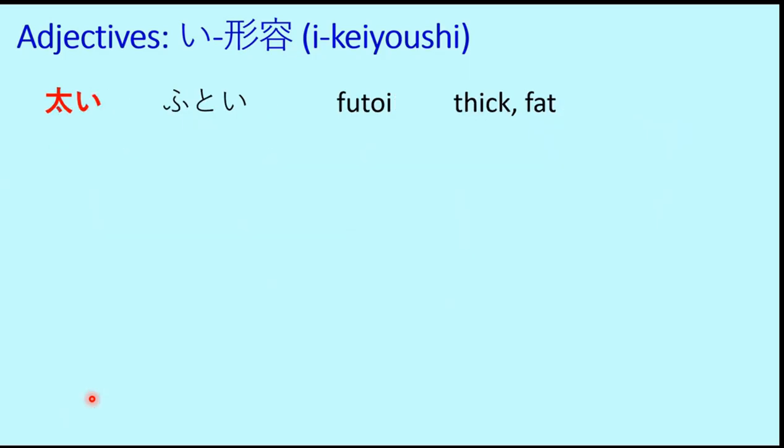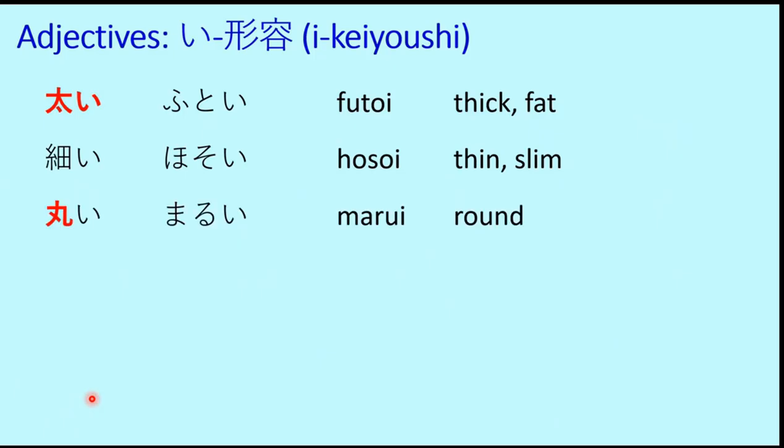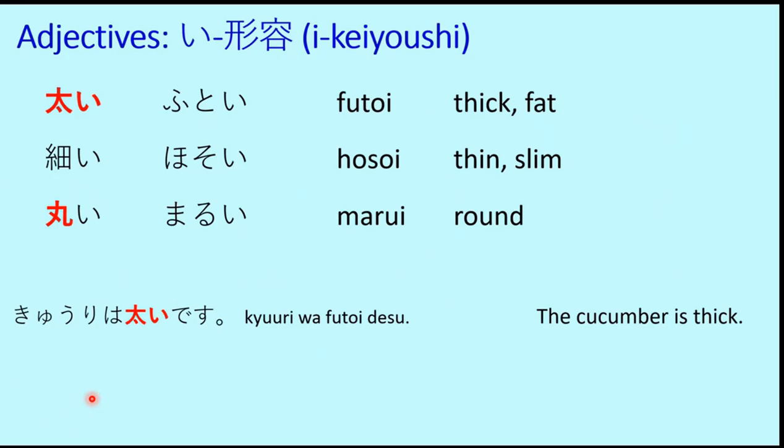Let's move forward. Futoi. Futoi means thick or fat. Hosoi, thin or slim. These can be used to represent human beings, animals, and also inanimate things. So this can be applied to both categories, living and non-living. Futoi, hosoi. Then we have marui. Marui means round or circular in shape. Let's look at some examples using these three. Kyuri wa futoi desu.